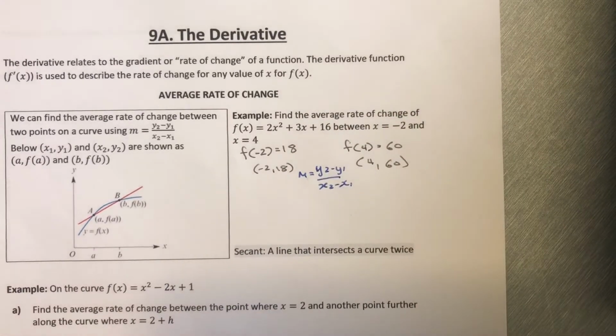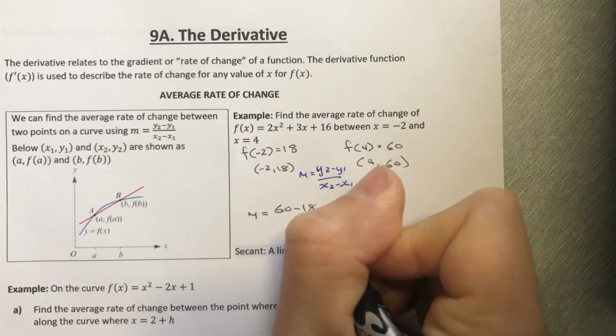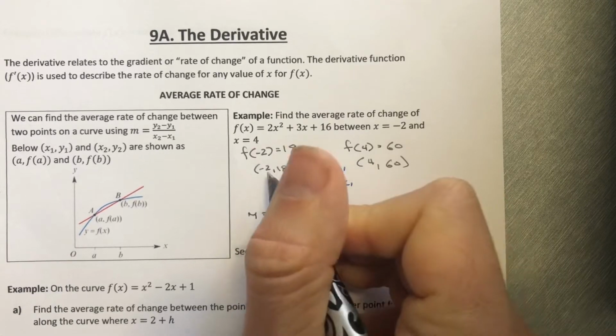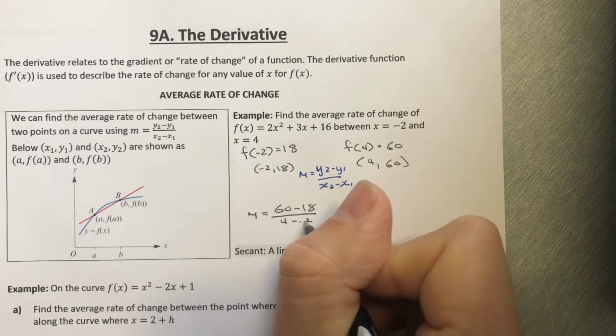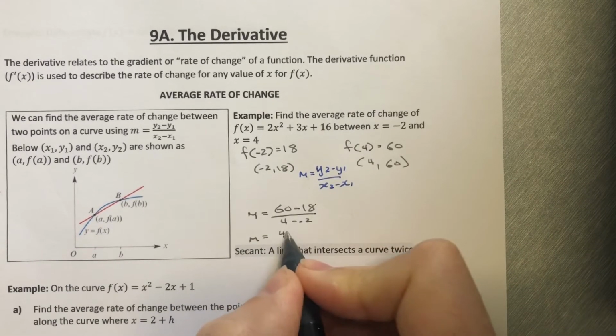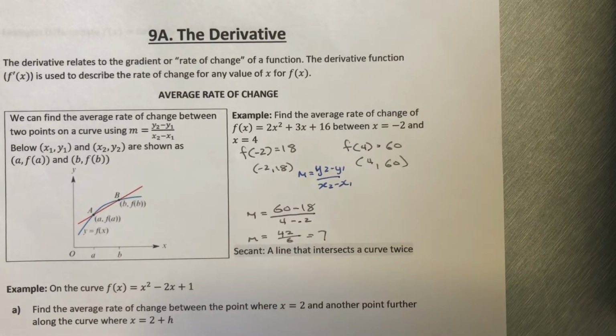Alright, so once we substitute all those values in, we're going to be able to find the average rate of change between those 2 points. Here we go. So the average rate of change is 7 for that one.